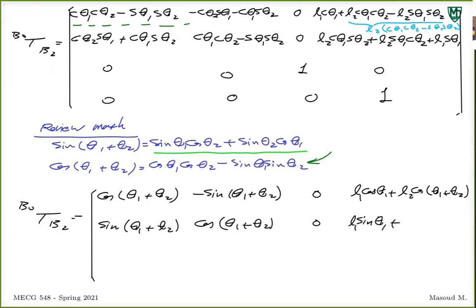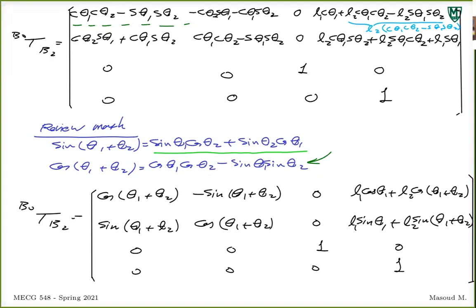And then you factor L2 out, you'll get L2 sine theta 1 plus theta 2. And the rest is just 0, 0, 1, 0, and then 0, 0, 0, 1. Now, this is the transformation matrix that transforms the coordinates in a more simplified version, from frame B2 to frame B0.